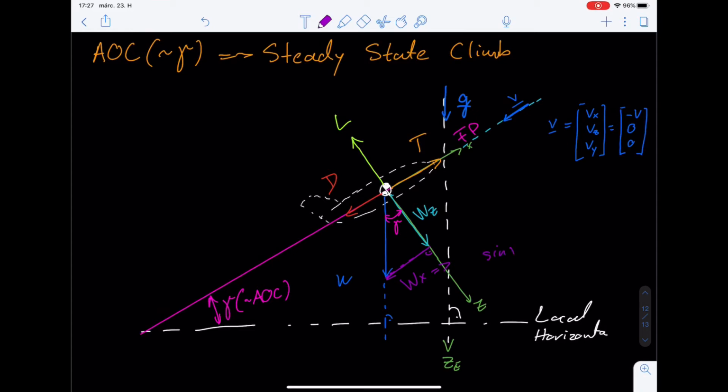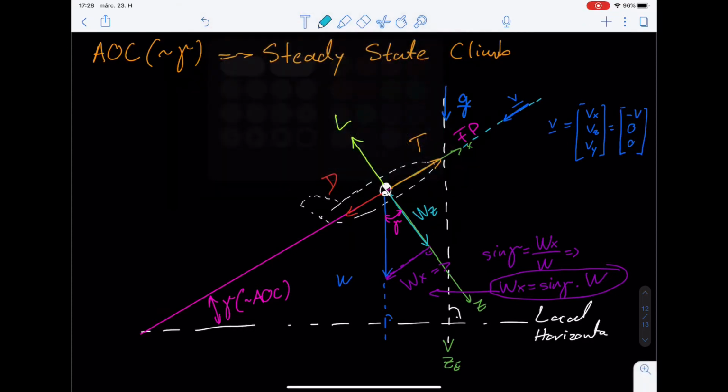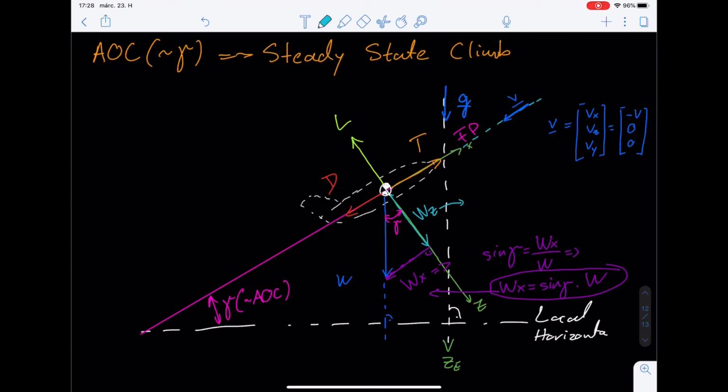The sine of gamma is the opposite side, which is Wx, over the hypotenuse W, so therefore Wx is equal to sine gamma times the weight. That's how we can calculate this one. And of course the vertical component can be calculated in the following way: the cosine of gamma is the adjacent side over the hypotenuse, over the weight, so therefore Wz is equal to cosine gamma times the weight. Alright, this is how we calculated this component right over here.